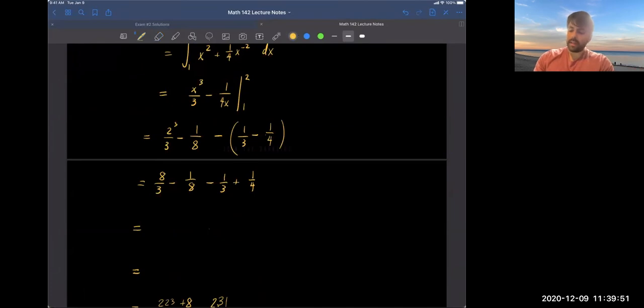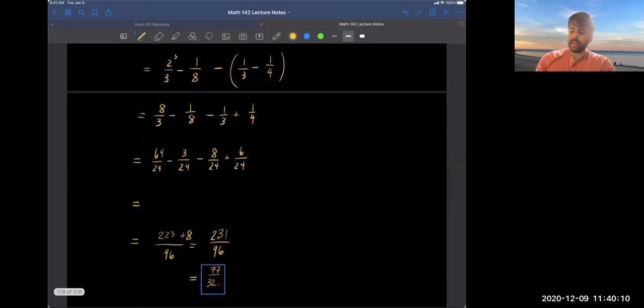So I multiply by 8 and I get 64 over 24 minus 3 over 24 minus 8 over 24 plus 6 over 24. And then I do 64 minus 3, that becomes 61 minus 8 plus 6 over 24. 61 minus 8 is 53. 53 plus 6 over 24 should be what? 59 over 24.